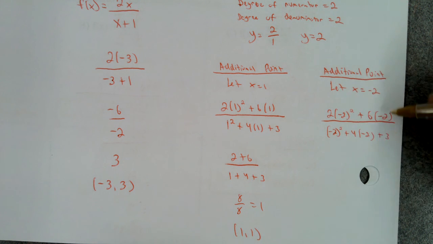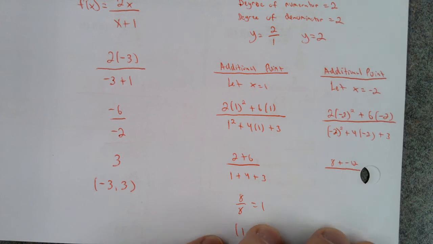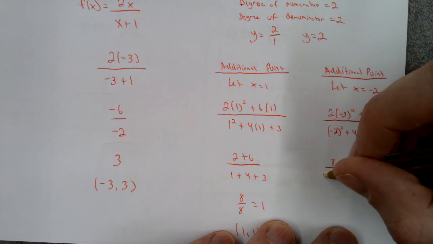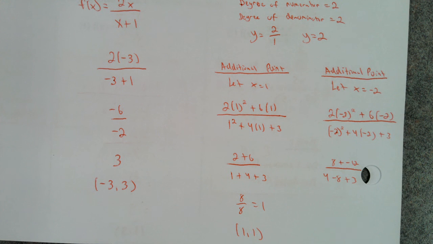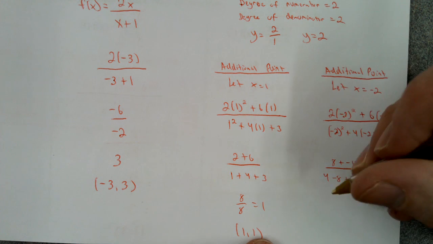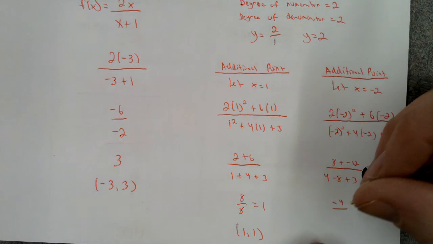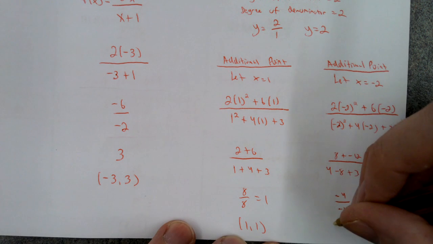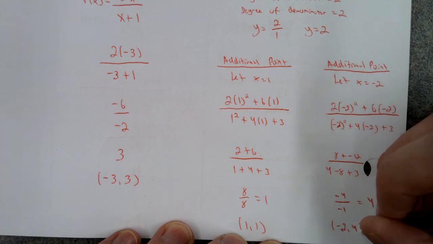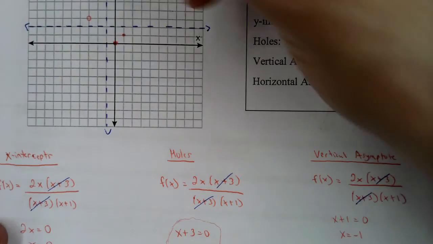And 8 plus negative 12. The denominator will be 4 minus 8 plus 3. So the numerator will be negative 4. The denominator will be negative 1, so that equals 4. So we have the additional point, negative 2, comma 4. Graph that.